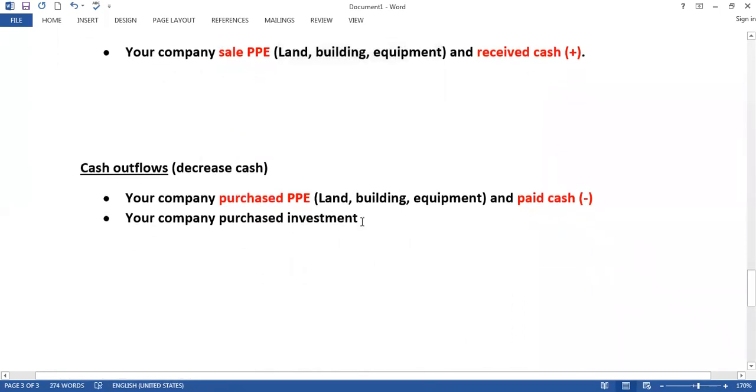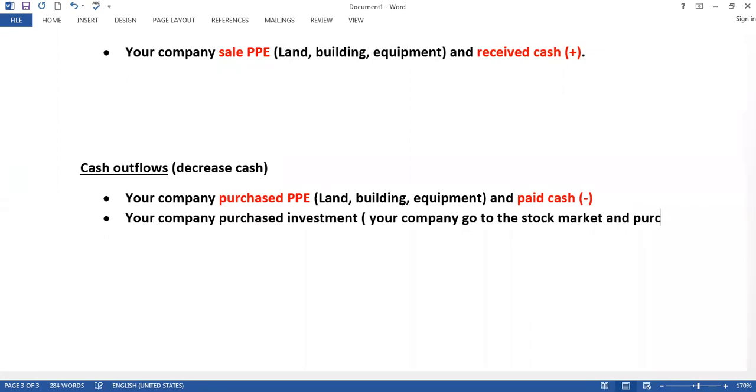Now your company purchase investment. What is the meaning your company purchase investment? Okay, it means that your company go to the stock market and purchased another company's stock and bond.